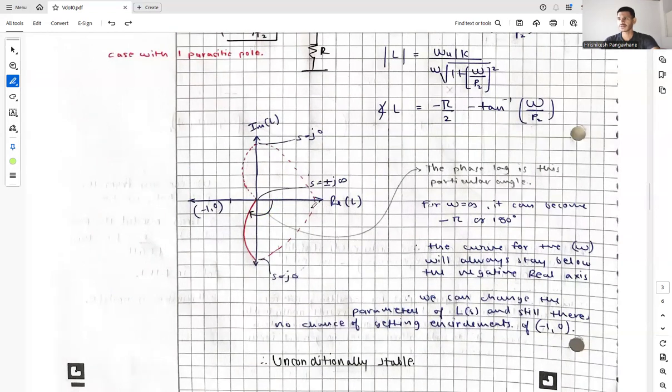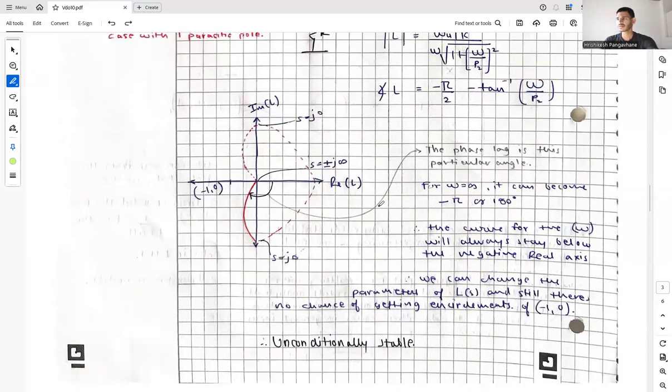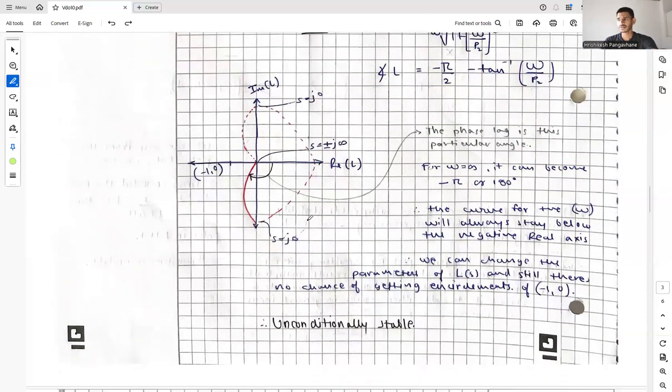So let's consider first the positive frequencies, and we know that this pi by 2 is constant, and this part of the phase will lag maximum up to minus pi. So the curve for the positive frequencies will always stay below the negative real axis, as the maximum phase it can give is minus pi.